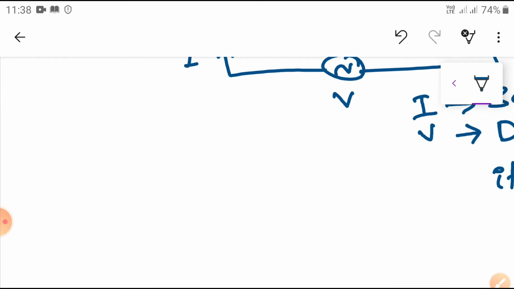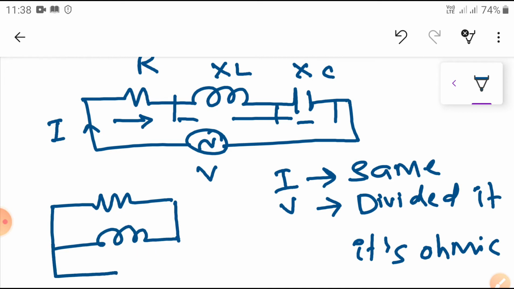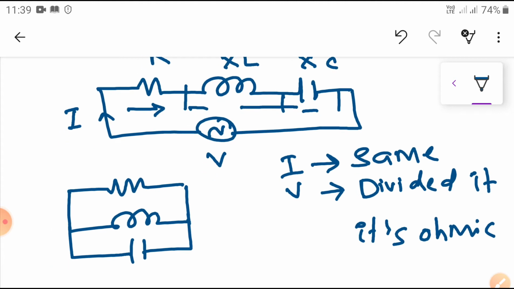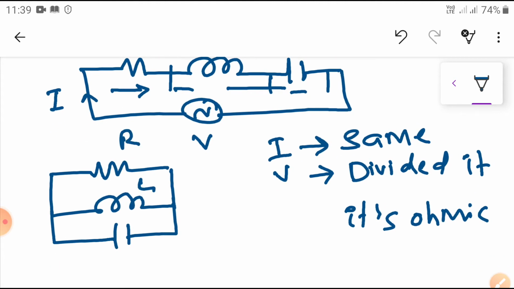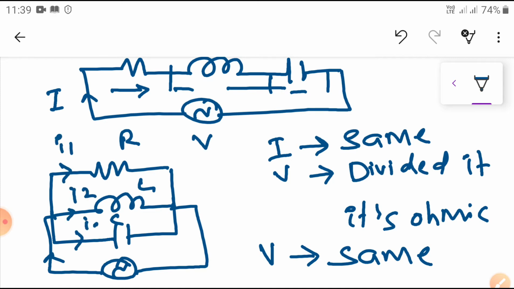Similarly, in AC parallel circuits, the resistance, inductance and capacitance are connected in parallel. What happens here? The voltage is the same, but the current is divided, so the currents are I1, I2 and I3.